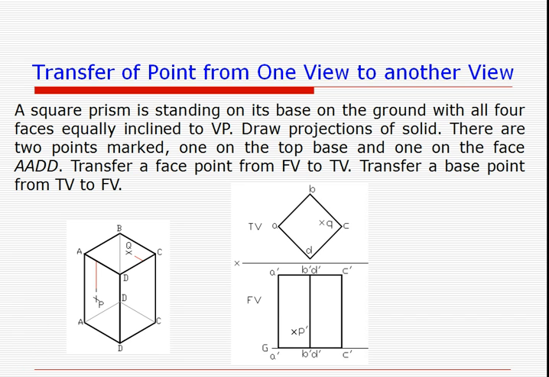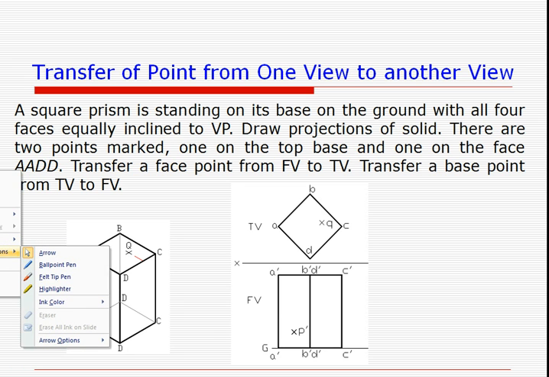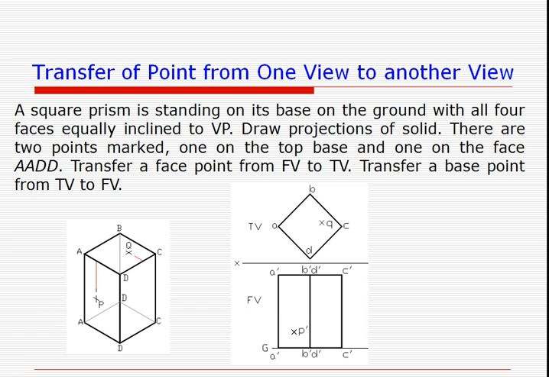So we have to draw one vertical line passing through P dash, and wherever that line meets the line AD, that will be the location of its top view.